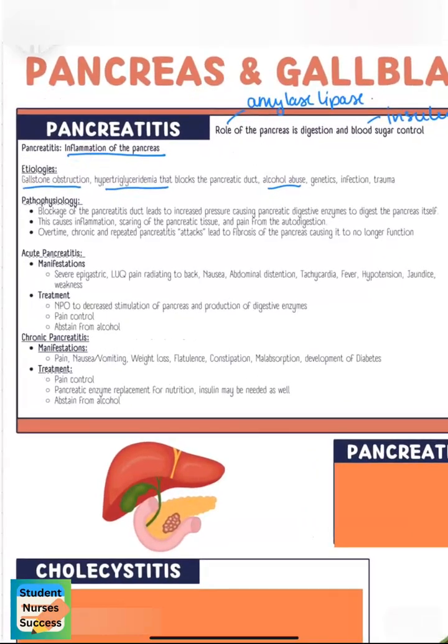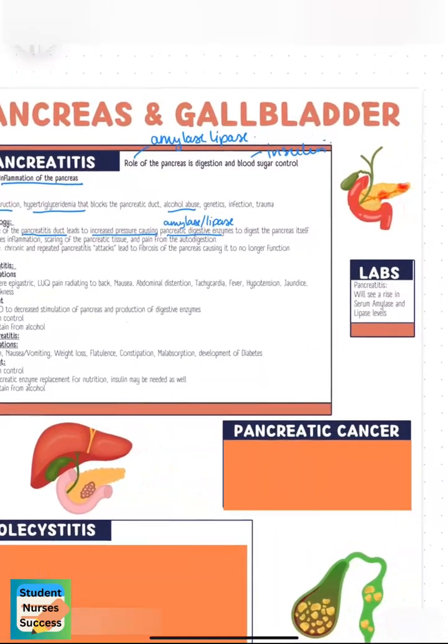Now, the pathophysiology behind pancreatitis is that blockage of the pancreatic duct leads to increased pressure, and it causes those pancreatic digestive enzymes, amylase and lipase, to leach out of the duct and start to digest the pancreas itself.